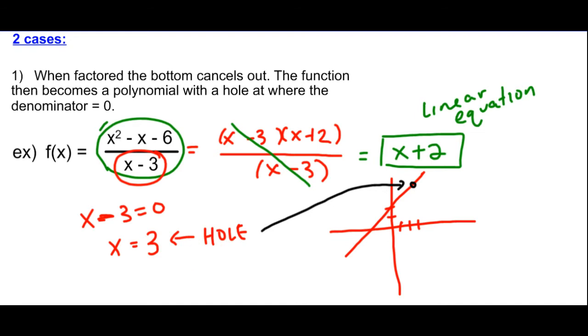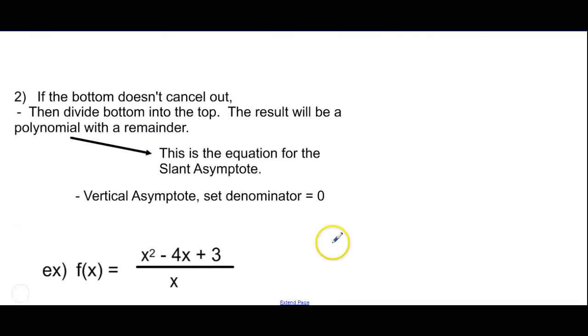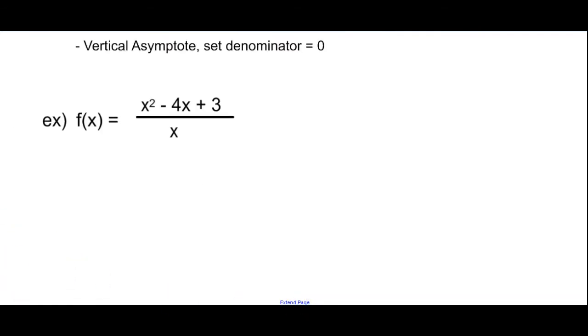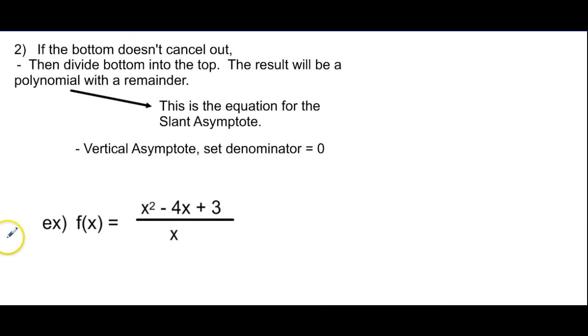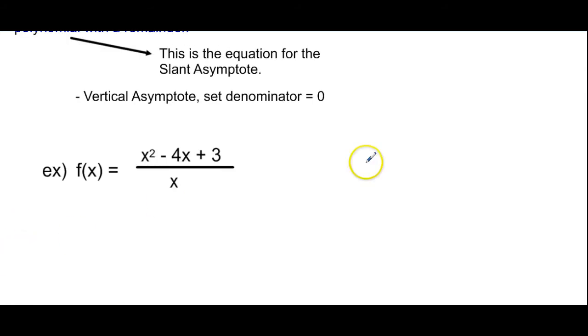Alright, don't forget that. Case number 2: we can't factor it out. There's no way of factoring it out. So what we're going to do is divide the denominator into the numerator. One way you can do long division, x into x squared minus 4x plus 3.